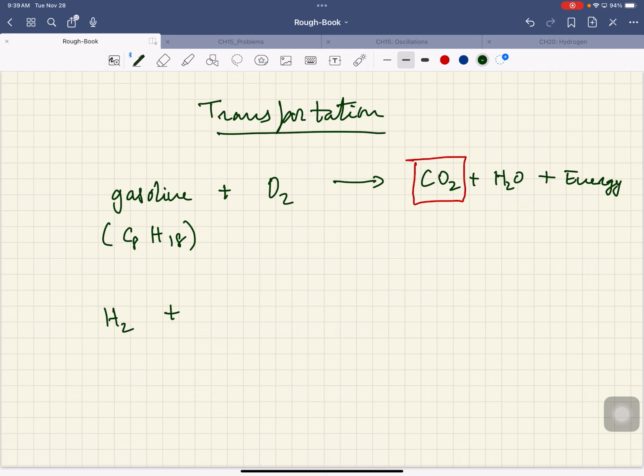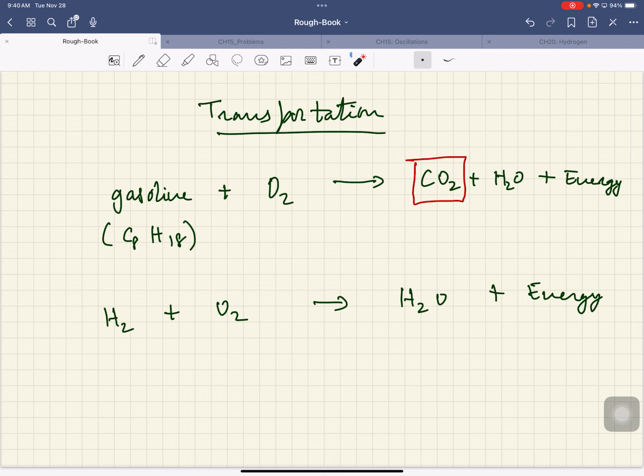What does burning mean? Adding oxygen, combining it with oxygen. In this equation, do you see any issues? No CO2? This would be great.